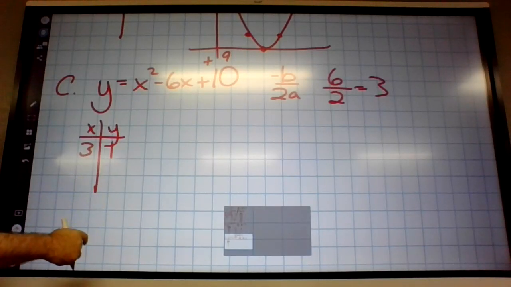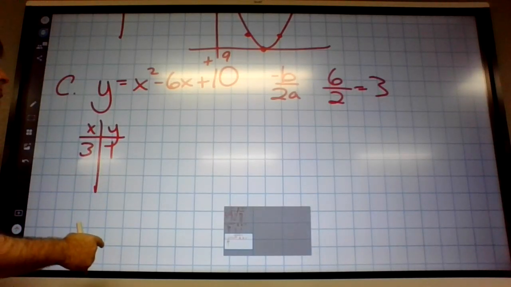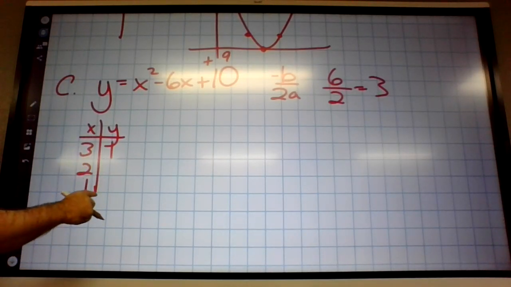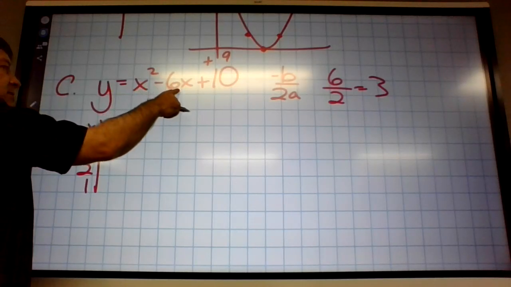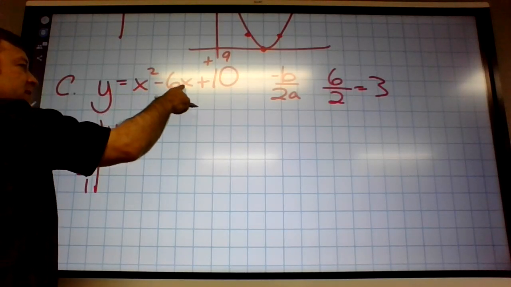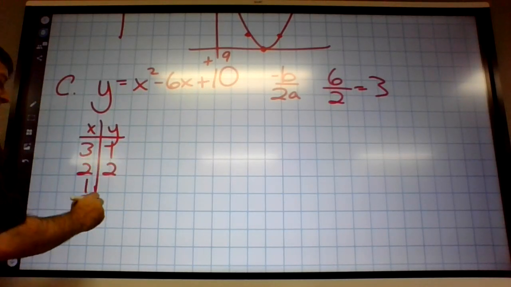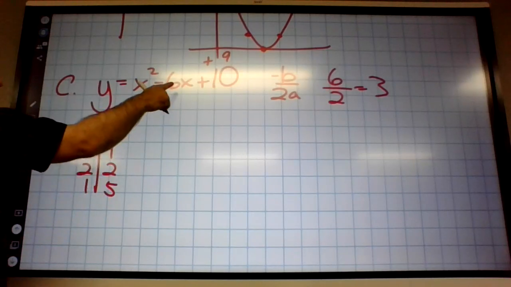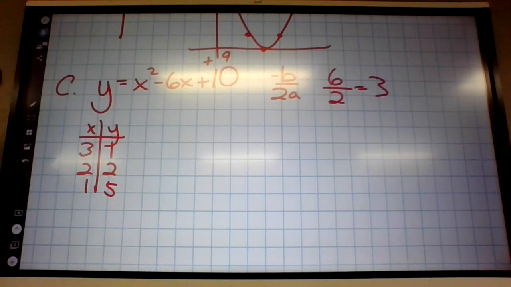Anyways, I'll plug in 2 and 1 again. So 2 squared is 4 minus 12 is negative 8 plus 10 is 2. And then 1 minus 6 is negative 5 plus 10 is 5.